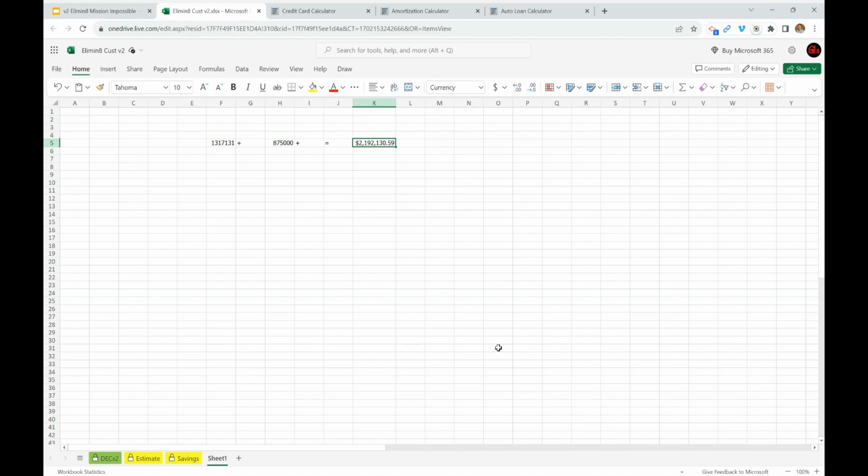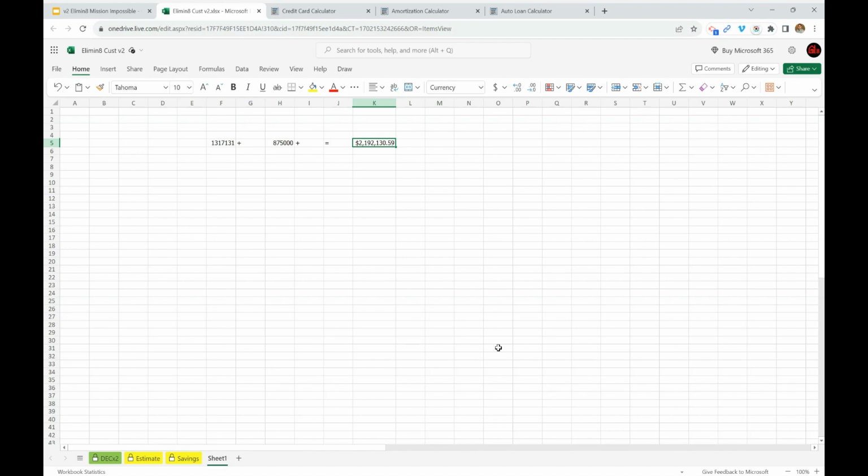So this is the power of Eliminate, helping you pay off your house in less than half the time, okay? And using the same money that you're supposed to be paying for your mortgage, and save that towards your retirement.